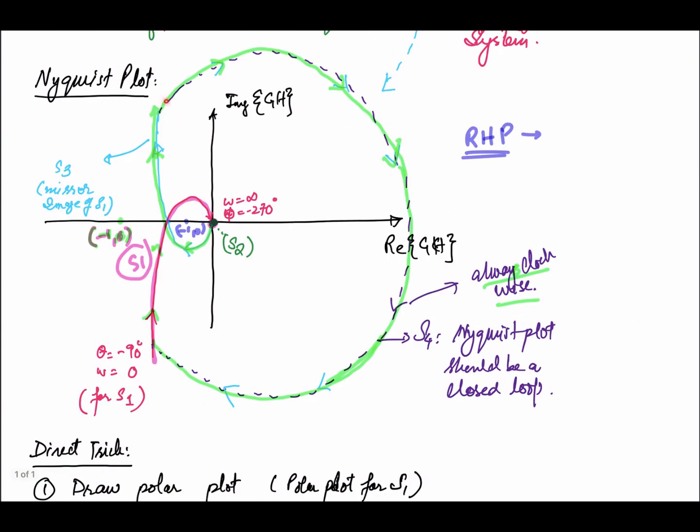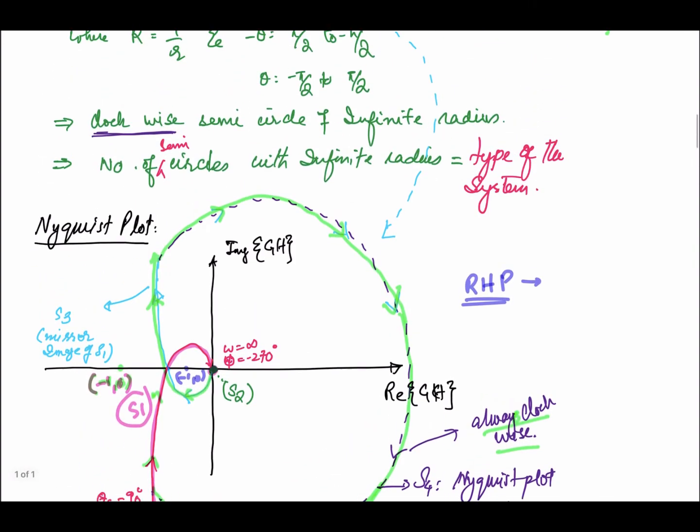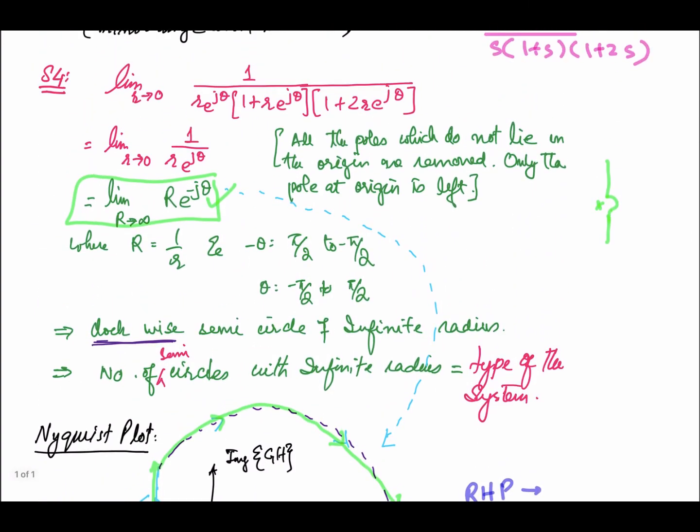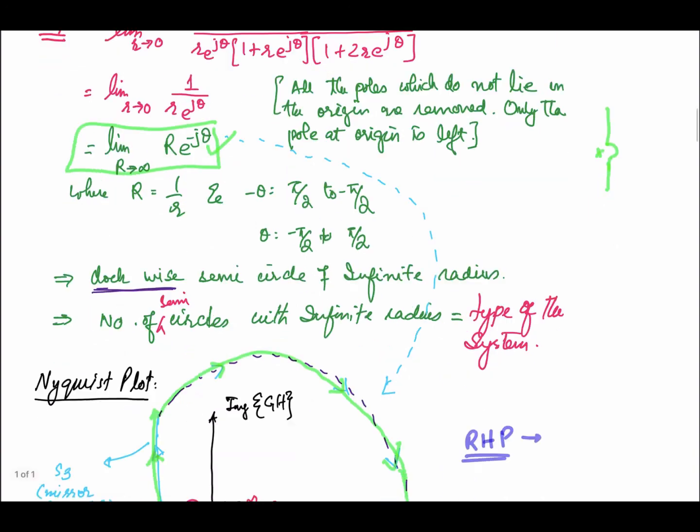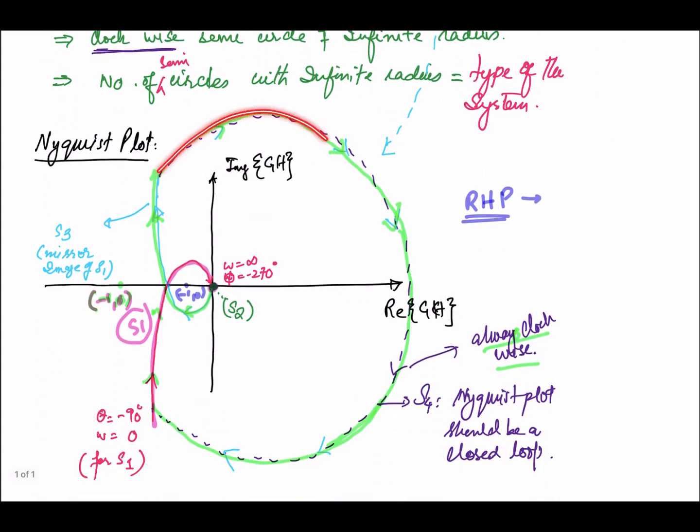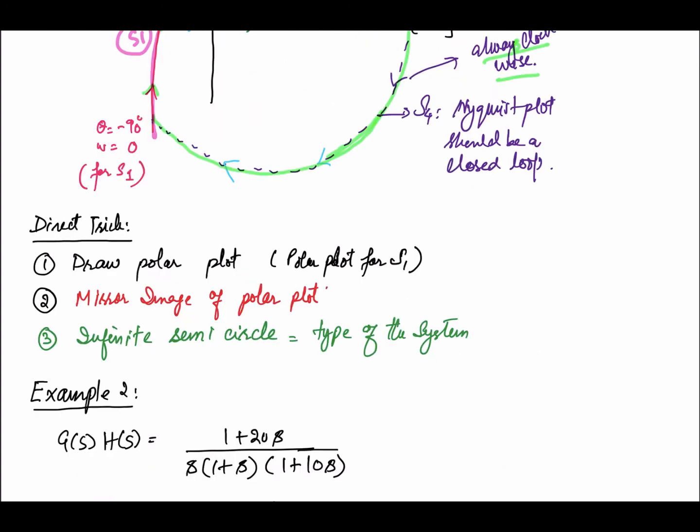We have only one very large circle, as we discussed in section S4, that small path close to the origin will be mapped as a very large infinite circle in the GH plane. So we will have a circle of infinite radius if we have type equal to 1.